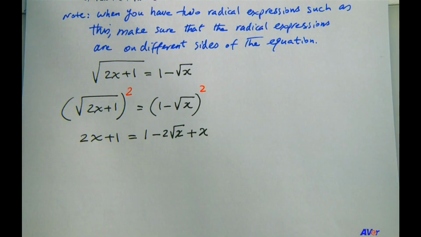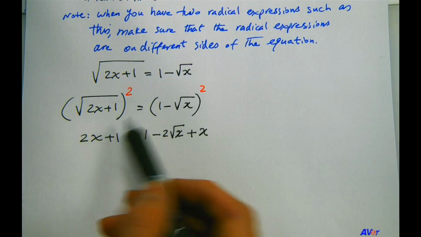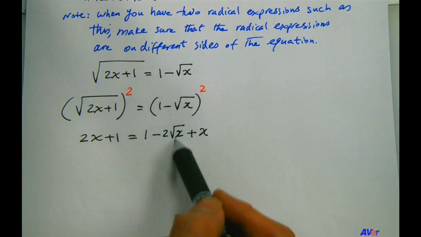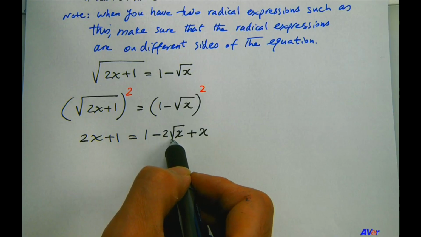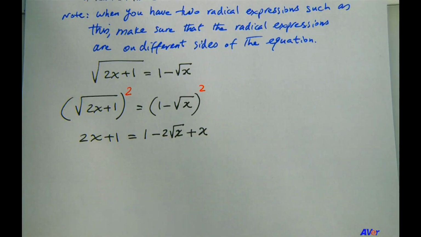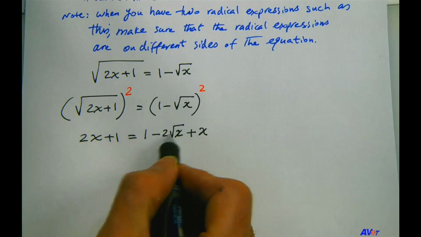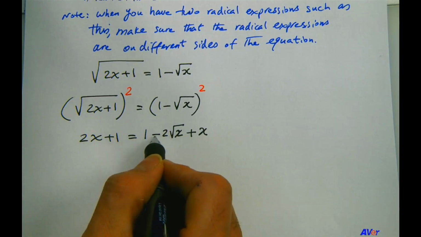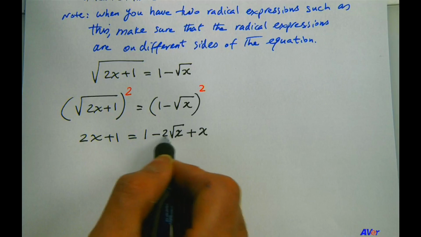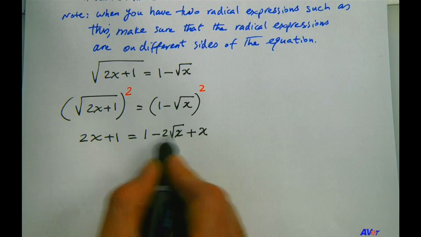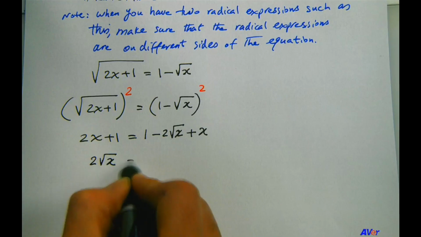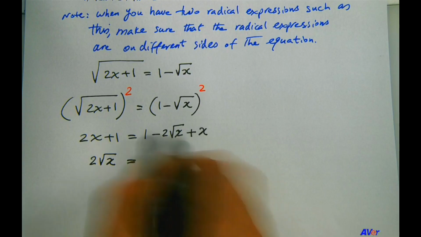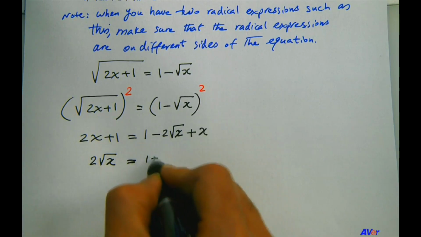Okay, so now that we went from two radical expressions to one, let's isolate the only radical expression we have and then square both sides again. So let me move everything to the left and simplify. 2 square root of x, now it was negative, now it's positive. I'm going to put everything else on the other side. The 1 plus x, I'm going to keep on that side.